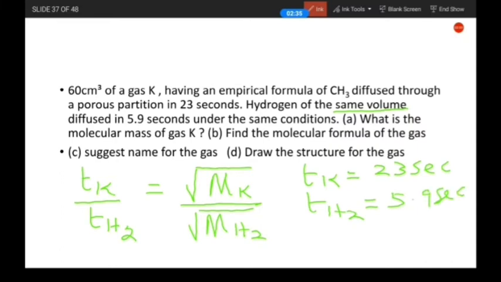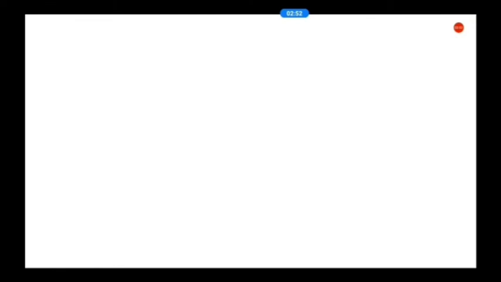We can quickly calculate the relative molecular mass of hydrogen. Good. And that is what? 1 times 2. Because the relative atomic mass is 1, therefore times 2, that gives us 2. So, having known all this, you can quickly input the values into the formula.